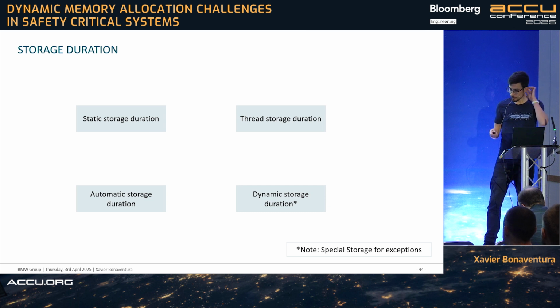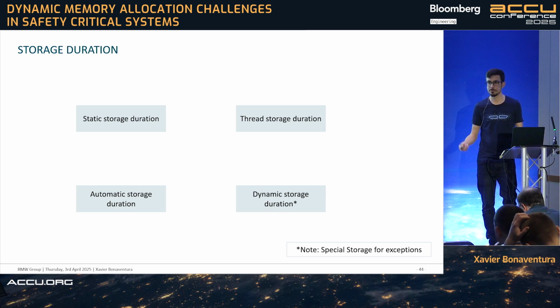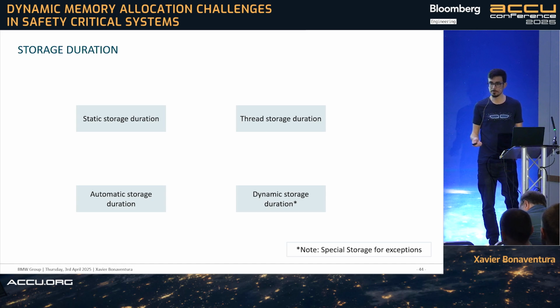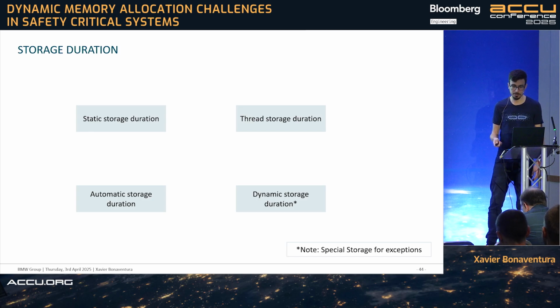And I just put a note here because we have this special situation that exceptions go separate. They just use the phrasing, I do not remember exactly, but it's kind of like, it obtains the storage in an implementation defined way. It's a special exception storage.